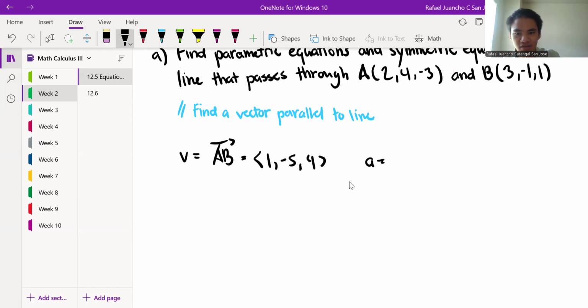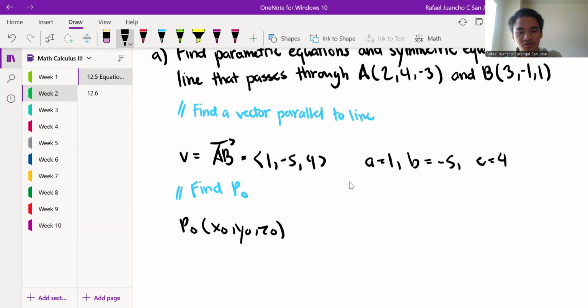So we're going to say A is 1, B is -5, and C is 4. Okay, now what's next? We want to find the initial point, P naught. And so for P naught, which has these initial points, we can just use A, to be honest.